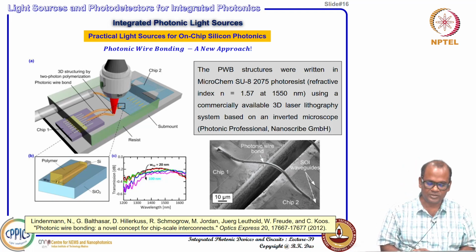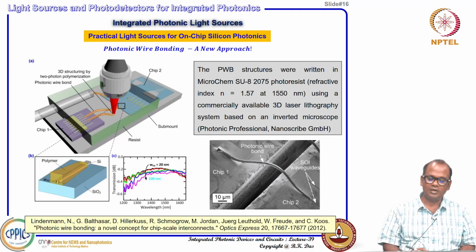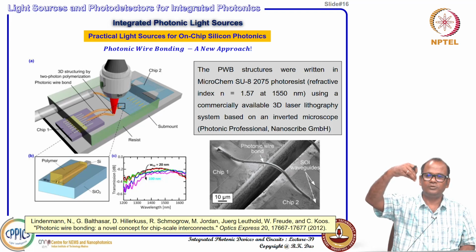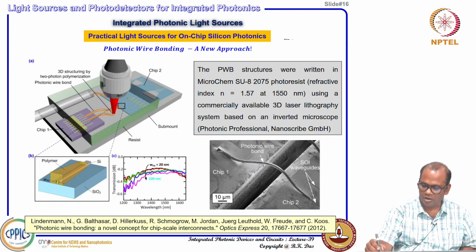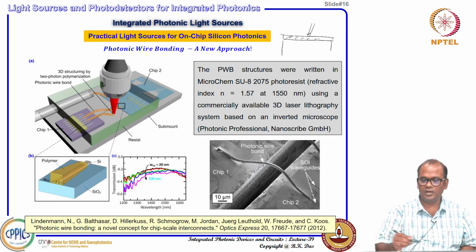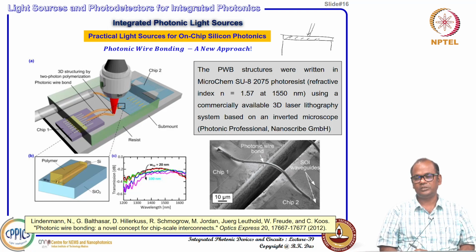So, there is a machine actually, a lithography technique called 3D lithography. Normally when we do photolithography, you have a substrate, then you have a photoresist, you do coating, and whenever light falls, if it is a positive resist, that region is hardened, and the rest of the regions dissolve in a developer and you get a structure.